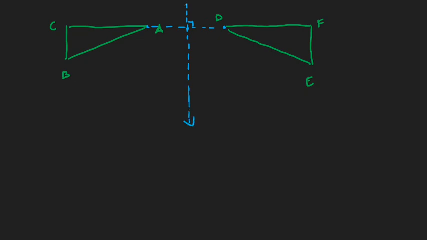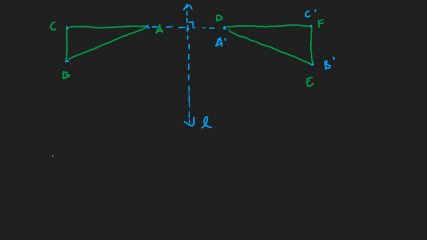This would be the line of reflection, call it L. And if you were to reflect ABC across L, A would line up at D, B would line up at E, B prime, C would reflect over to F, C prime. And if I were to reflect the entire triangle, it would map on top of triangle DEF.